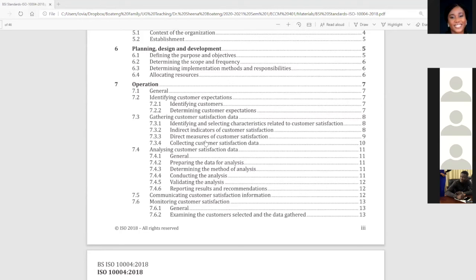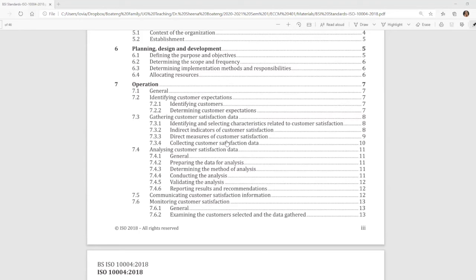In fact, you will have a practical approach to doing this. So by the time you finish, you would have learned how to gather customer satisfaction data, how to code it, and how to analyze it. How many of you know how to use SPSS? If you know how to use SPSS, raise your hand.